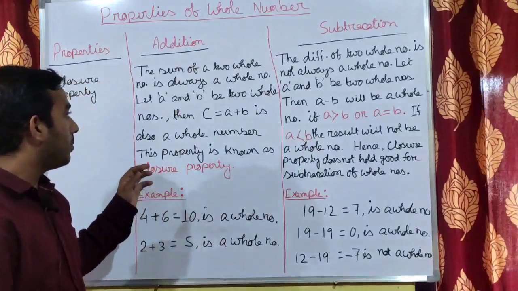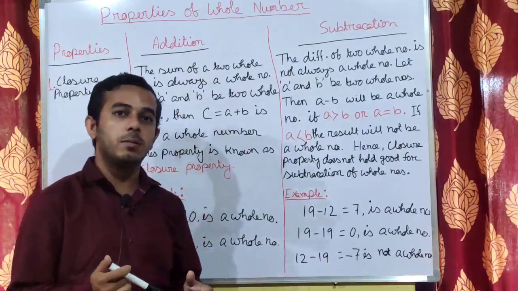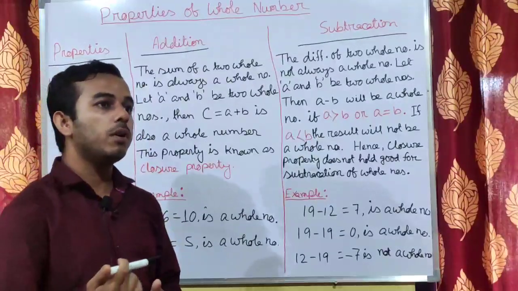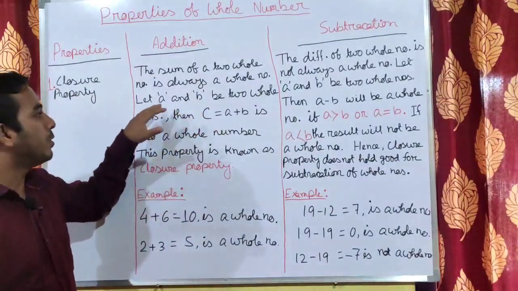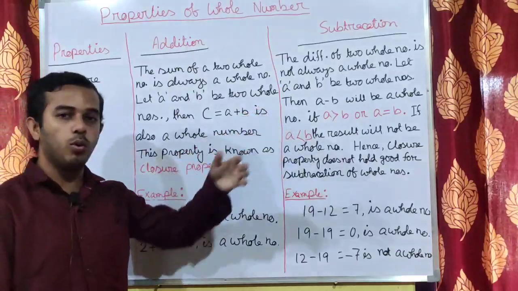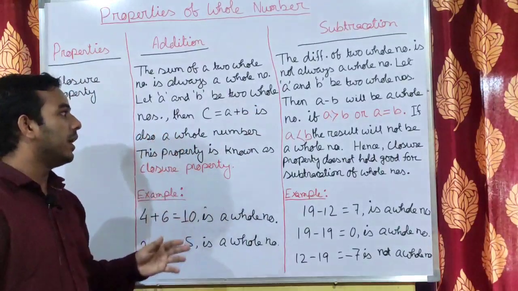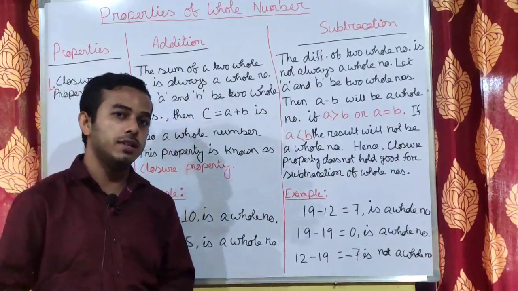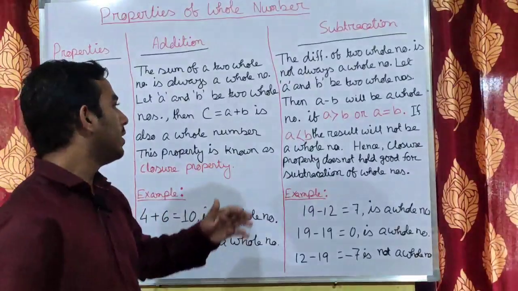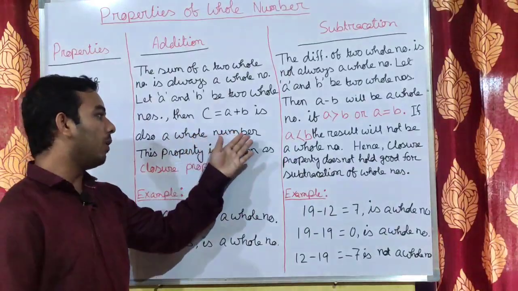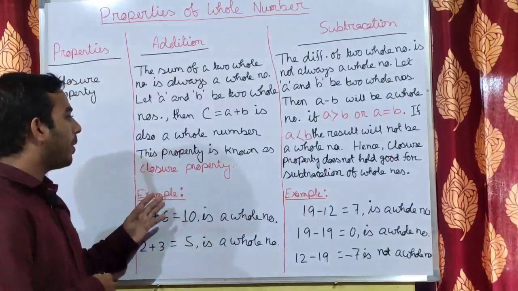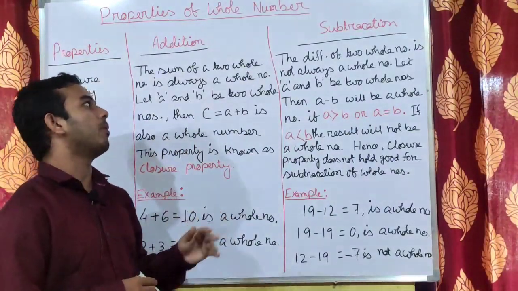Now, because there are numerous whole numbers, we have considered the whole numbers as a and b. Suppose let a and b be two whole numbers, then the result we consider as c. Then c equals a plus b is also a whole number. This property is known as closure property.